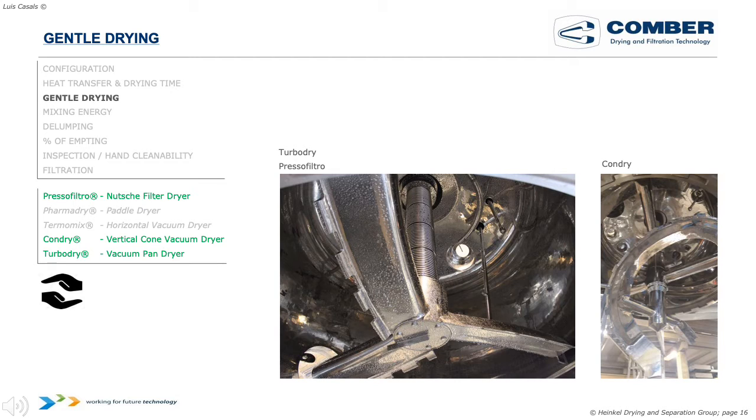In terms of gentle drying or gentle mixing, the most suitable options are, first of all, the ConDry, but also the Presso Filtro or the Turbo Dry. The main reason is the gentle agitation that allows us not to lift up the solid. Notice ConDry comes from a gentle solid mixer and became a dryer later on.